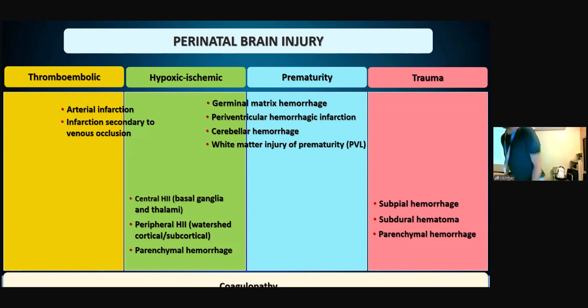And this is a table based on the etiology. I wanted to summarize all the injuries in the perinatal brain. So they can be thromboembolic, hypoxic ischemic. They can be related to prematurity, trauma, or coagulopathy. Coagulopathy is involved in all of them.